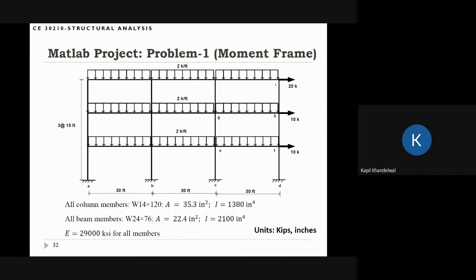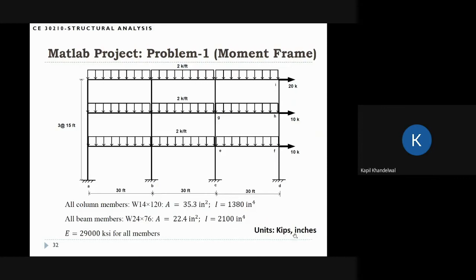I'll provide you the details later, but you have to solve a 3-story by 3-bay moment frame in which some lateral loads are acting, and some uniformly distributed loads are acting at every floor. For the column members, the sections are W14 by 120, area and I are given to you, and the units are inches. So make sure that you use a consistent unit system.